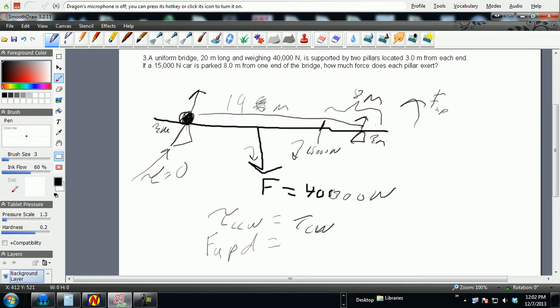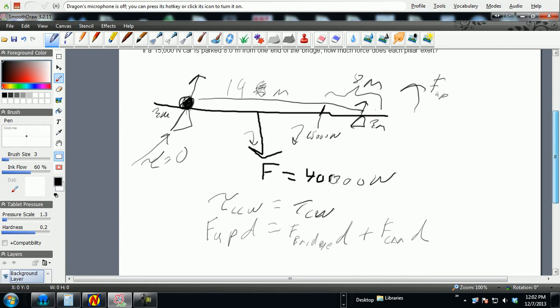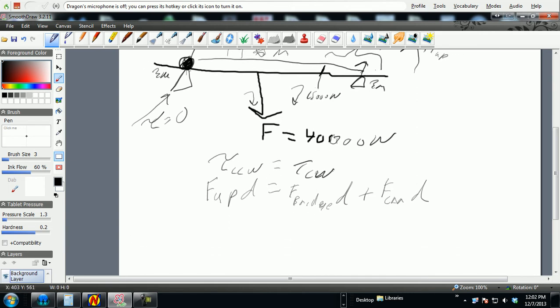Now you have what? F bridge times distance plus F car times distance, because each one of those produces a clockwise torque. Now we have F up is my force. His distance is 14 from the pivot point.